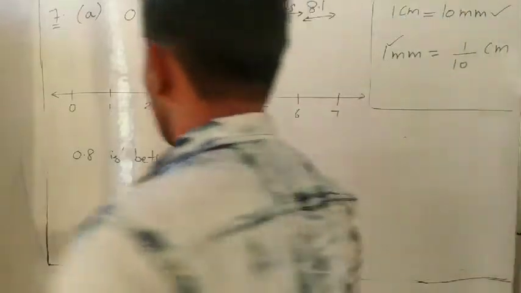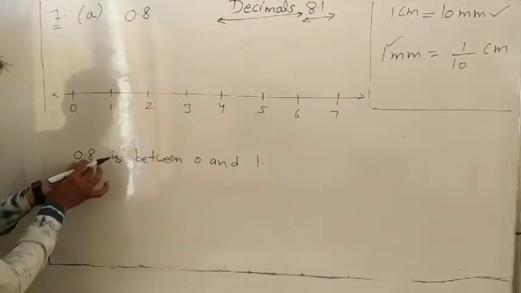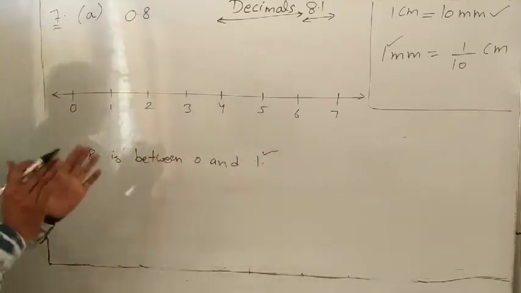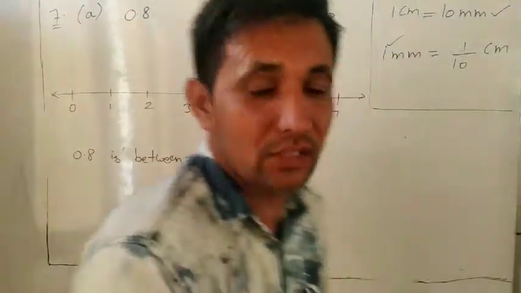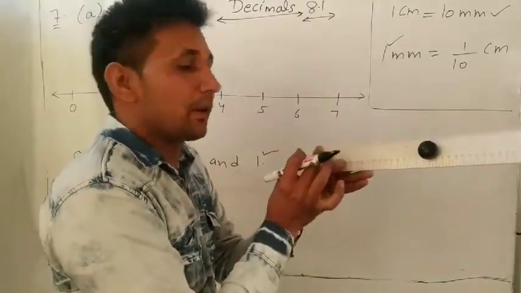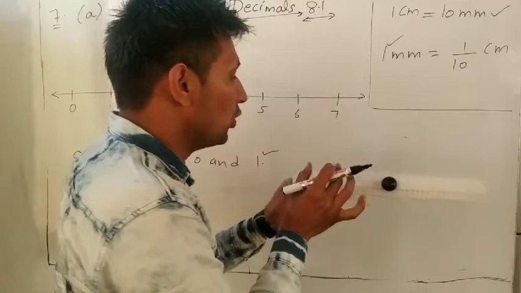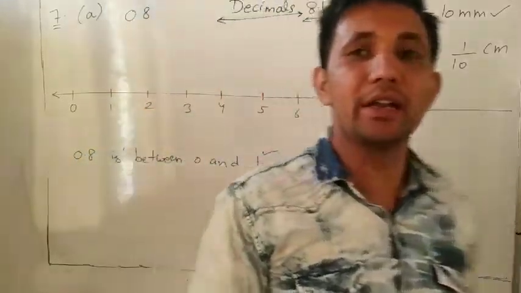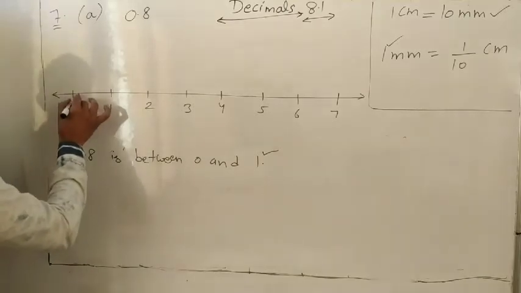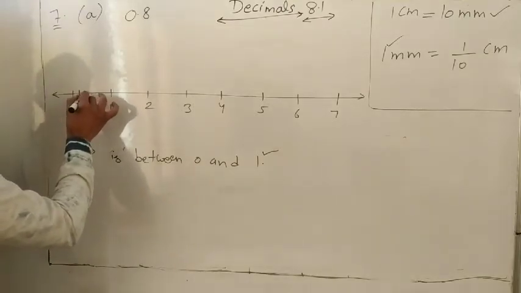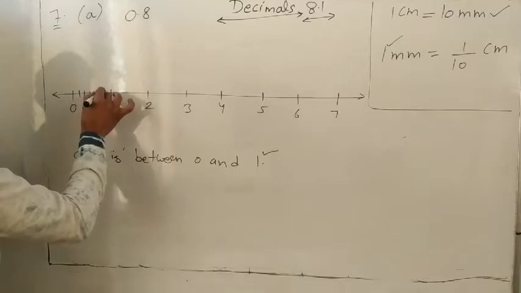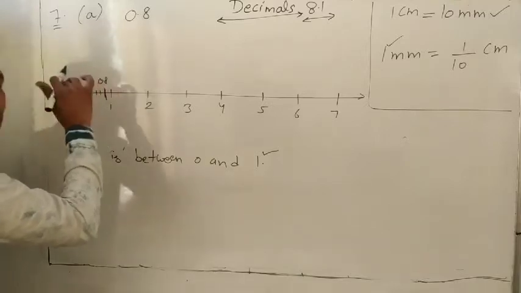So we know 0.8 is between 0 and 1. Everyone knows, I already told you, on a scale between 0 to 1, 1 to 2 and 2 to 3, there are 10 equal parts. So it is 0, 0.1, 0.2, 0.3, 0.4, 0.5, 0.6, 0.7 and 0.8, and 0.9.